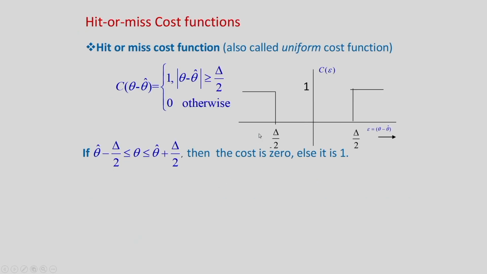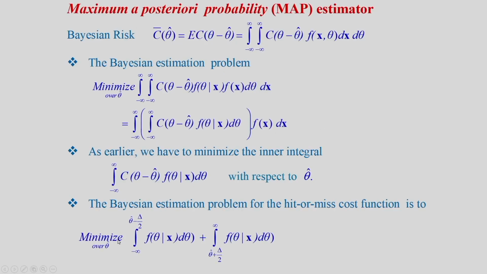Now, using this cost function, the cost function value in this interval is 0. Therefore, we can write the minimization problem as: minimize over theta hat the integral from minus infinity to theta hat minus delta by 2 of f of theta given x d theta plus the integral from theta hat plus delta by 2 to infinity of f of theta given x d theta.